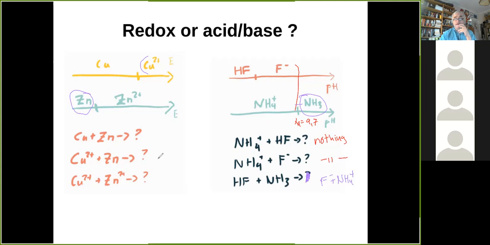So this will be a reduction of the copper ions to copper metal, and an oxidation of the zinc metal. Copper ions and zinc ions, yes, they have a common existence area, so there nothing happens.